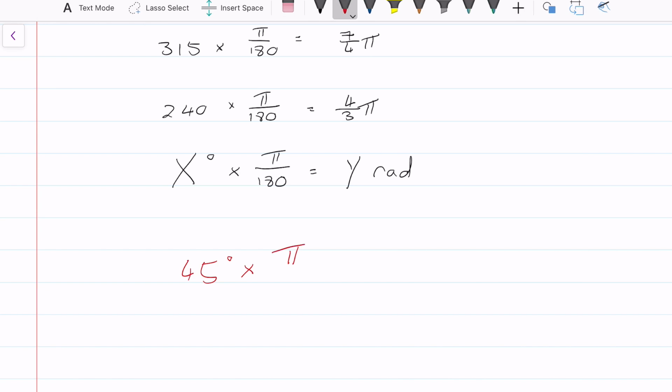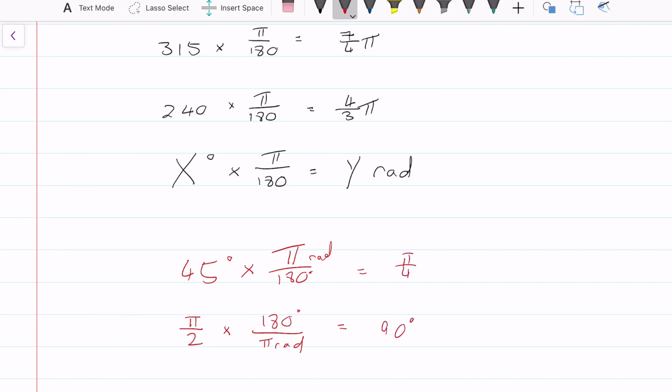If I was going the other way, and I started with pi over 2, this is in radians, so I want to get it to degrees, so the degrees must be on top, and the radians must be at the bottom. Okay, and that's 90 degrees.